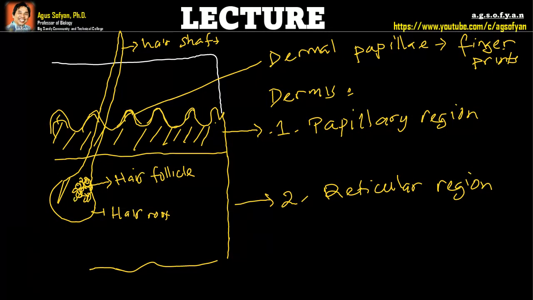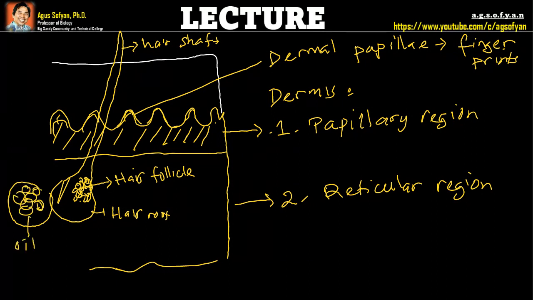Someone with cancer usually takes chemotherapy, and the chemotherapy usually will kill the hair follicle. Therefore, someone that receives chemotherapy usually will not have hair because the hair follicle will be destroyed by the chemotherapy. And then the hair will always be connected with an oil gland.